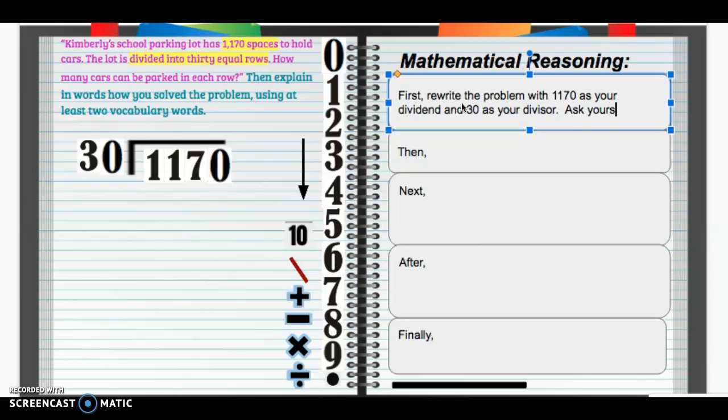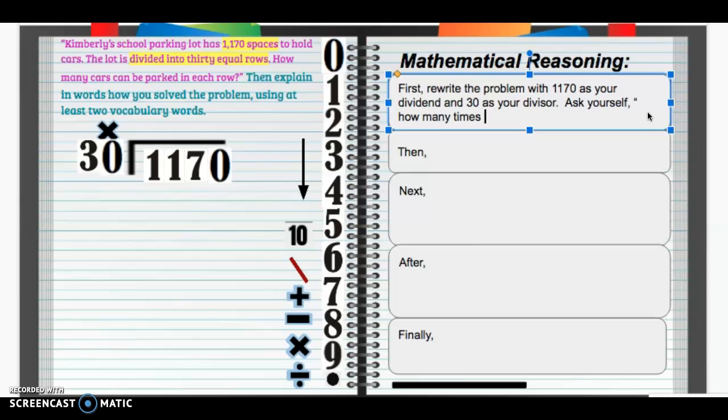Ask yourself the question, how many times does 30 go into 1? Once you've answered that, well, I know 30 cannot go into 1, so it would be 0. So then you have to multiply 30 times 0 and get 0.